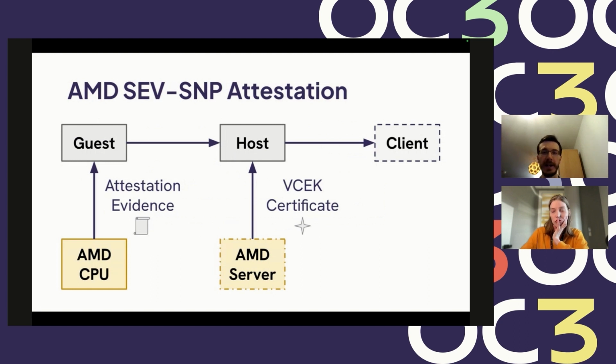And since the client has all expected measurements of the VM memory and the AMD root certificate, it can first verify the VCEK certificate and then verify that the remote attestation report contains all expected measurements, thus establishing trust in the server workload.